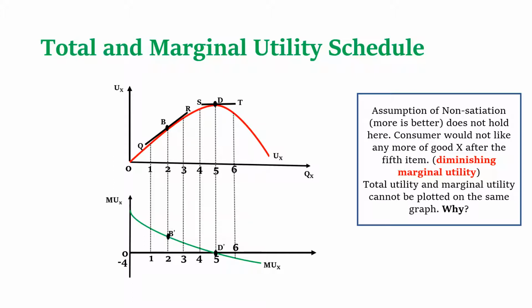So this is the point where the assumption of non-satiation collapses. It is not always that more of a good is better. Sometimes less of a good is better. It is better when the consumer reaches a satiation point, in other words, a saturation point. He can no longer accept any amount of the good.